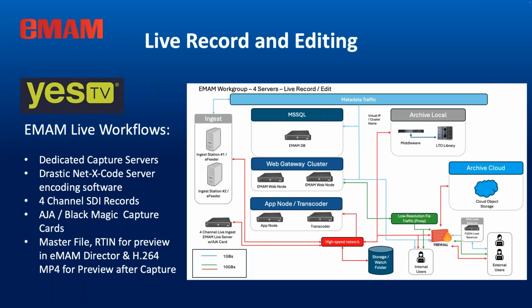Now, what happens here is that media is then available for users internally or externally, depending on their connection, to view that content as it's coming in and log that content, so in and out points and so on, and then create assets from that, or just save that as a log and then drop that into Adobe Premiere. So again, this gives you an option to watch media as it's coming in and start cutting it as it's coming in.